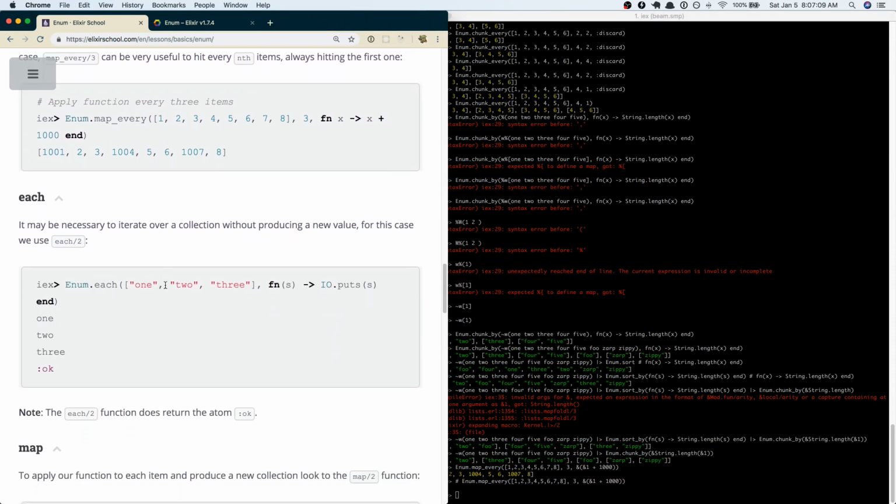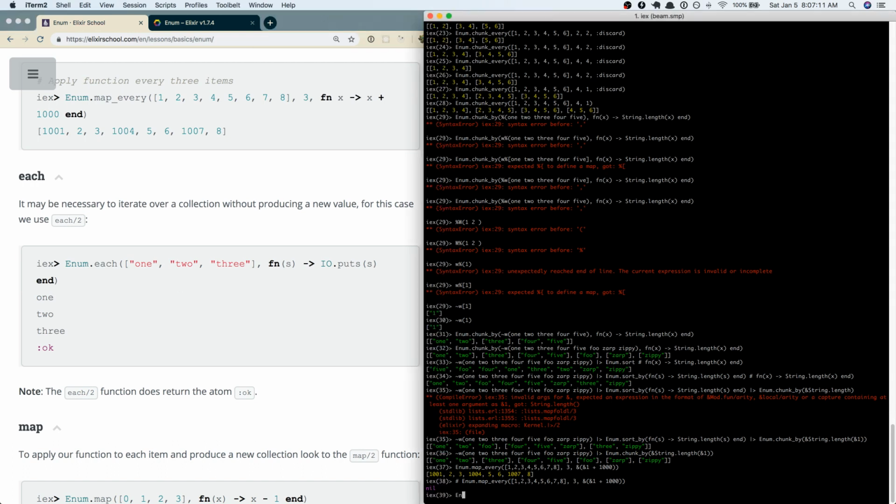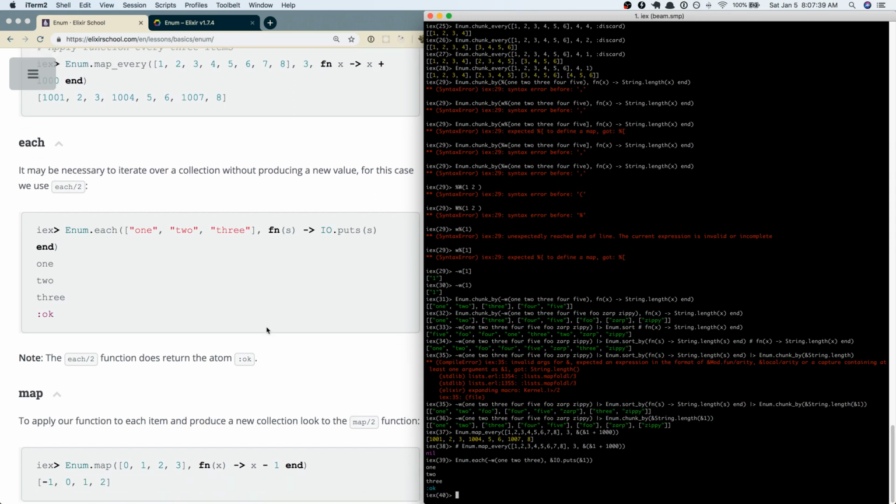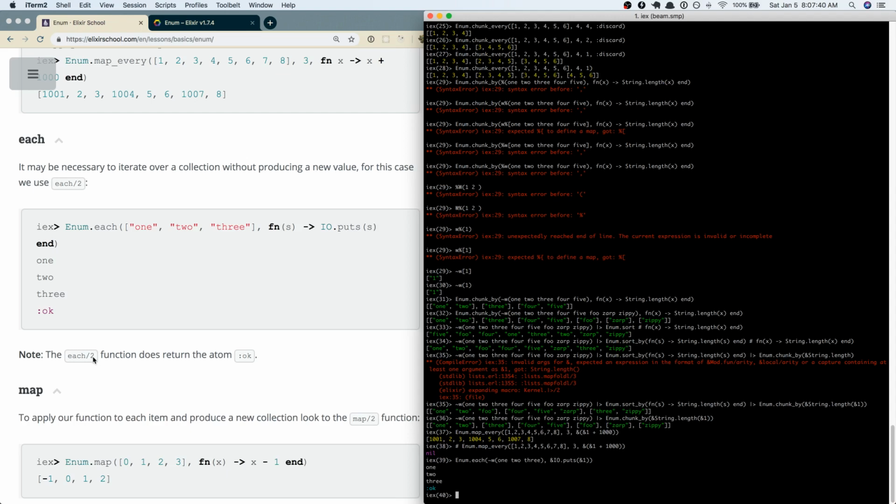Each. The each function does return the atom :ok.